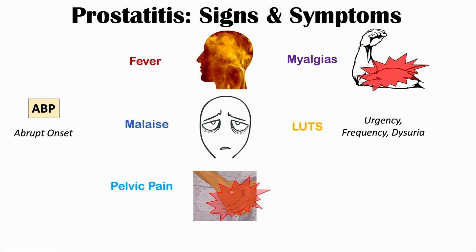And then what we can see with type 1 prostatitis is pelvic pain as well. So pelvic pain can also occur in type 1 prostatitis. Now let's talk about type 2 prostatitis, CBP, or chronic bacterial prostatitis. It's going to be similar to acute bacterial prostatitis, except the symptoms are going to be more long-lasting. They're going to be chronic.